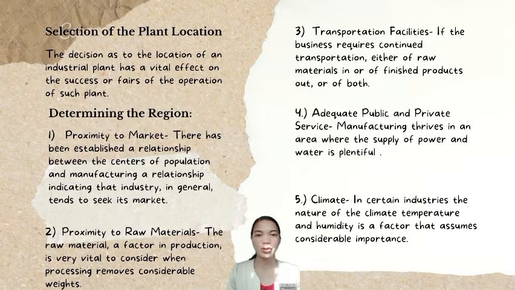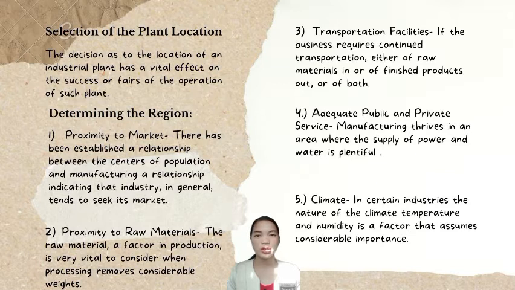Another good example is the meat packing industry located in Chicago or Kansas City in the United States. On the other hand, if the material is rea dily mobile, or if the cost of moving it is small in relation to its value, then the source of material is only a minor consideration. Proximity to the market may prevail.